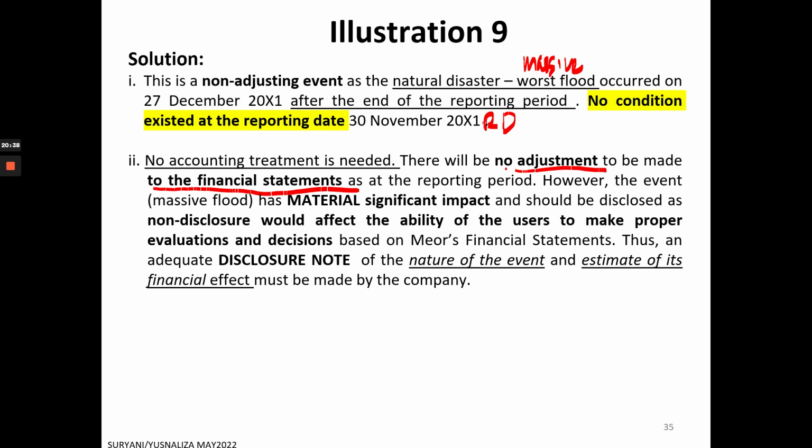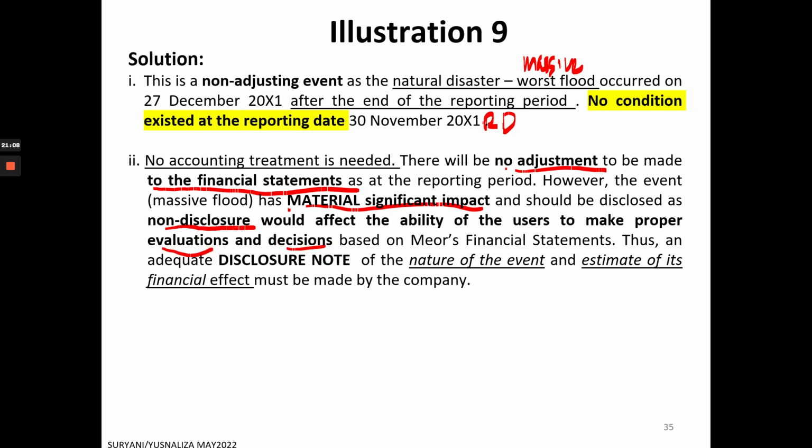However, the massive flood, the natural disaster, has material significant impact to the company because it has actually damaged their PPE, their investment property, and also the inventories and other assets, and therefore it should be disclosed, as non-disclosure would affect the ability of the users in making proper evaluation and decision.